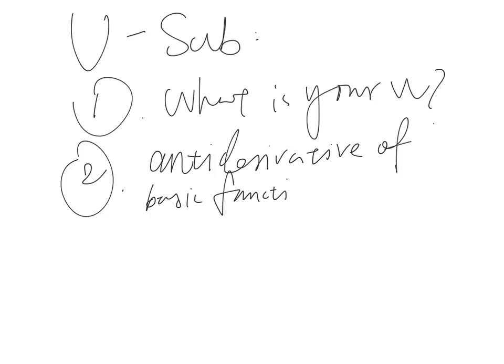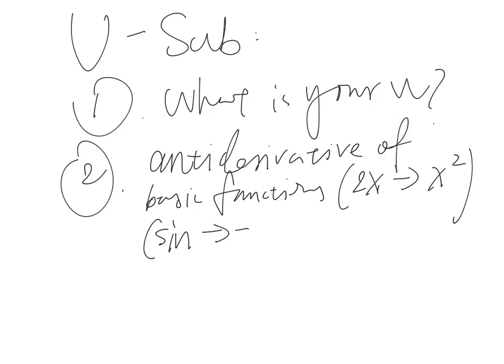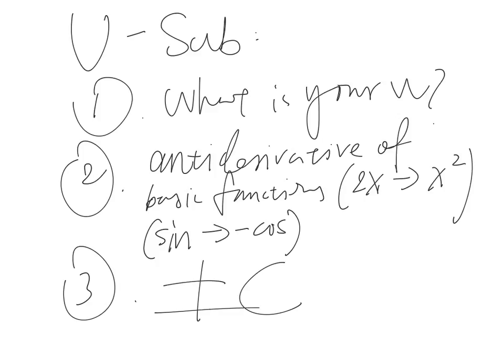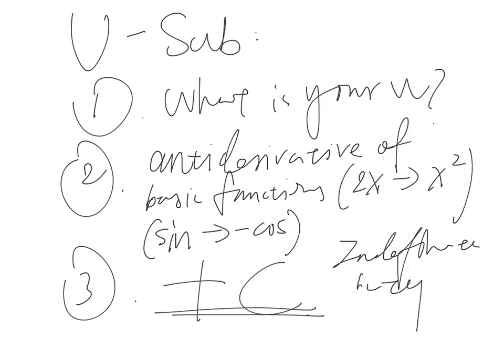What I mean by this is, the antiderivative of 2x is x squared, or the antiderivative of sine is negative cosine. Also remember to add plus c, since we are doing indefinite integrals.